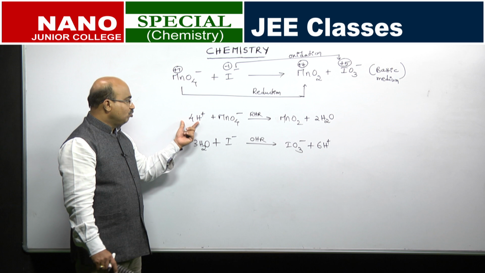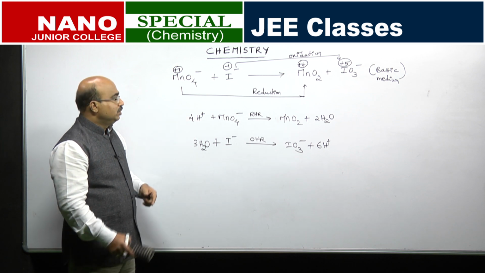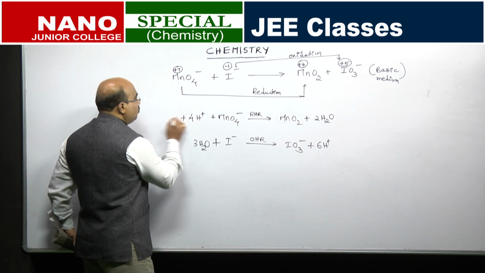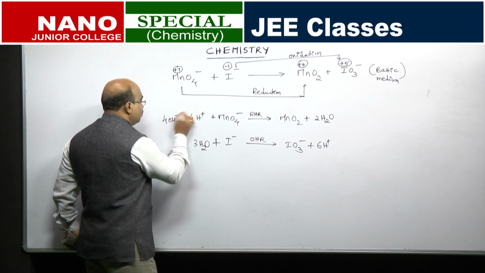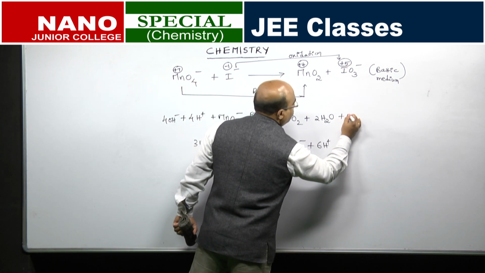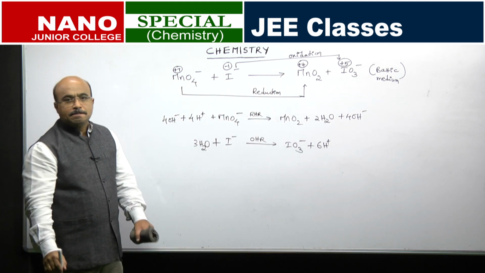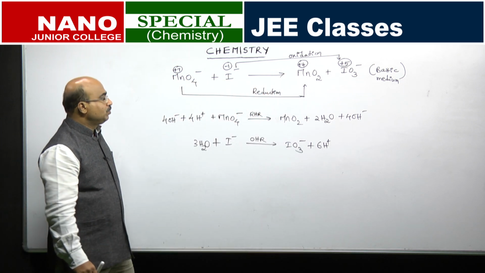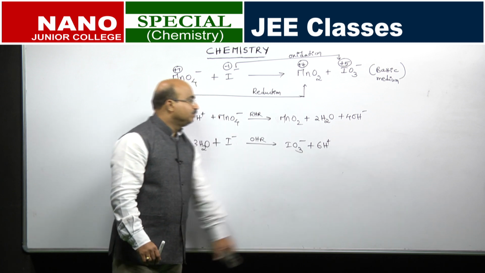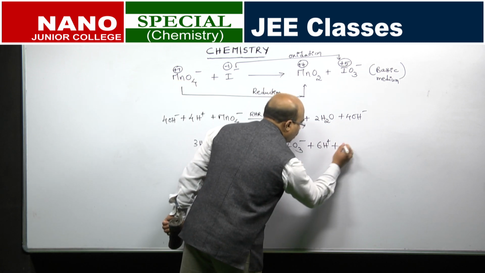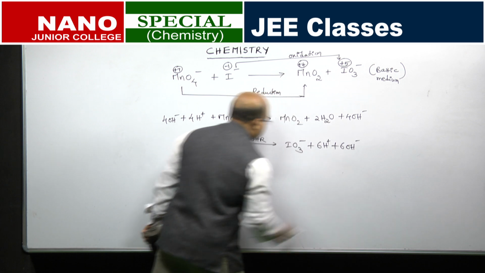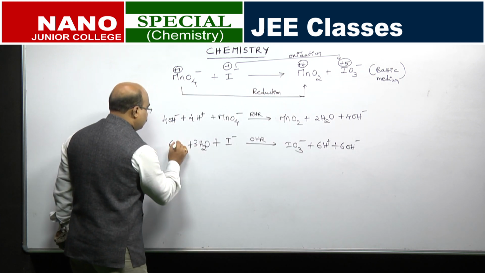So, in this there are 4 H plus. So, we will add 4 OH minus here, 4 OH minus here. In this 6 H plus here. So, we will add 6 OH minus here and 6 OH minus here.